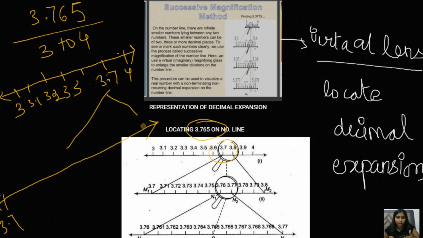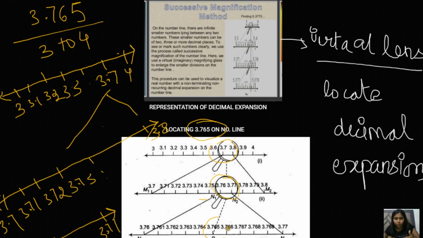Now again, you can see that 3.765 lies somewhere between 3.76 and 3.77. Then draw again a number line between 3.76 and 3.77. Somewhere in between you will get your number. This is how to locate a decimal expansion, and you can locate any number this way.